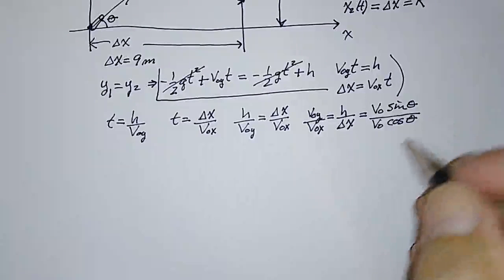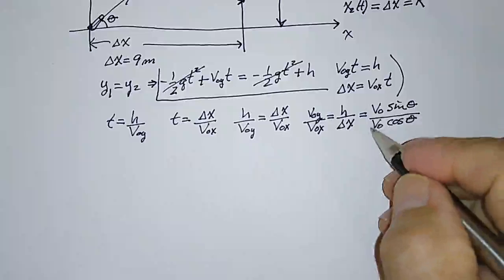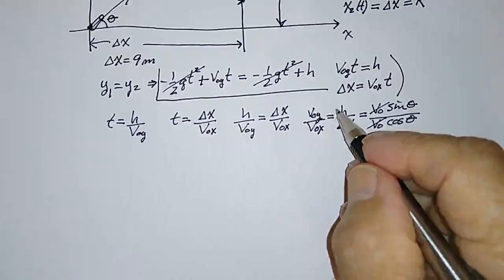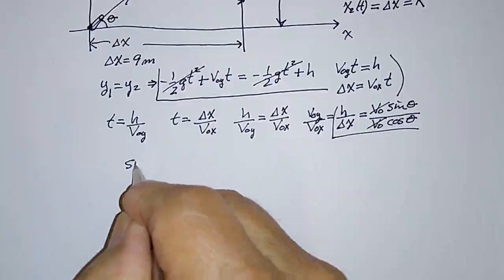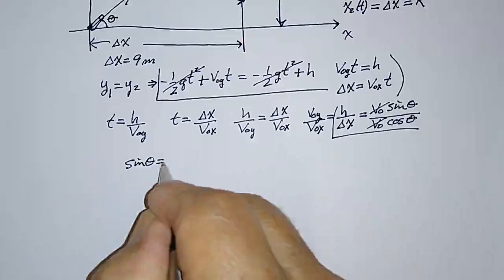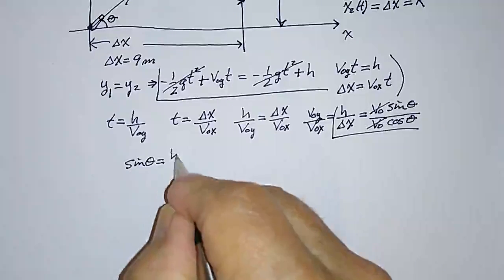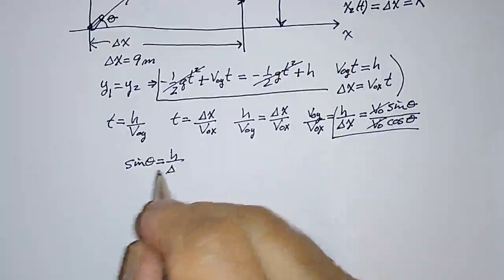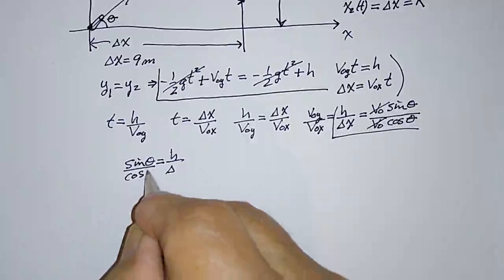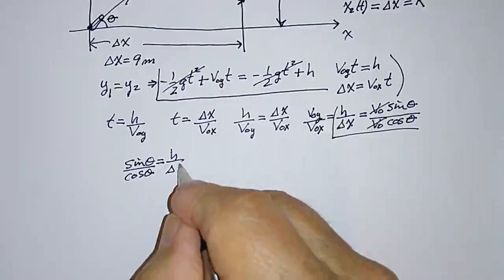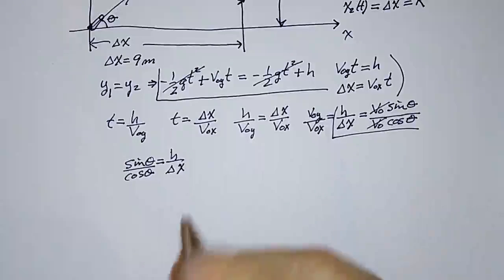And consequently, the v naughts cancel out, and what I'm left with is, I'm sorry, not sine theta, but sine theta over cosine theta is equal to h over delta x.